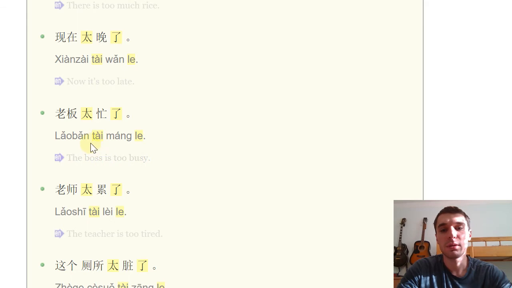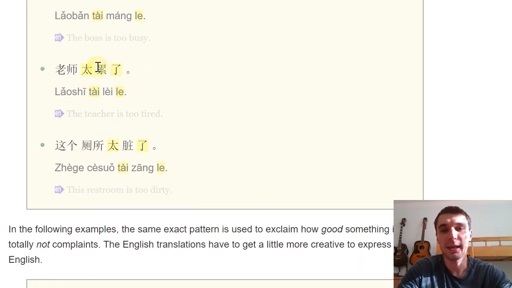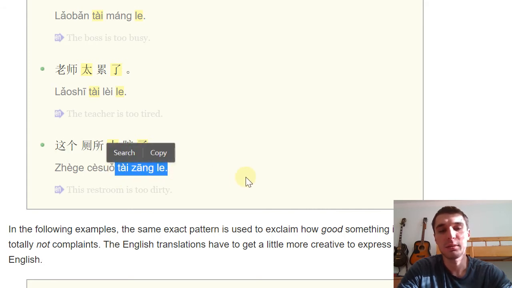You can use 太 then 了, and between 太 and 了 we just write an adjective. 太好了, it's too good, right? 太热了, it's too hot. 老师太累了. 累 means be tired. 老师, the teacher, is too tired. 太累了. This restroom is too dirty. 这个 means this. Okay? 厕所 restroom, 脏 dirty, 太脏了, too dirty.